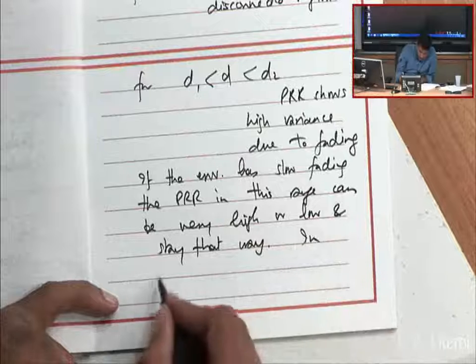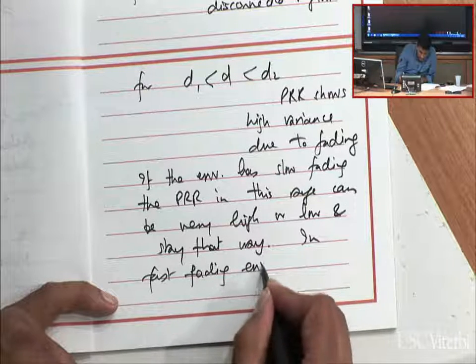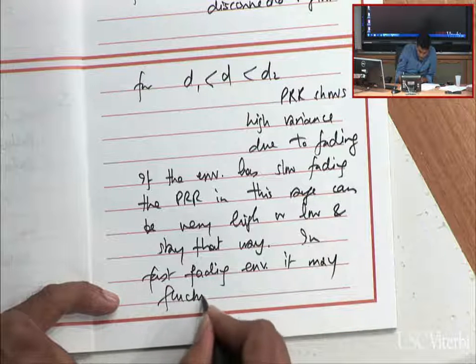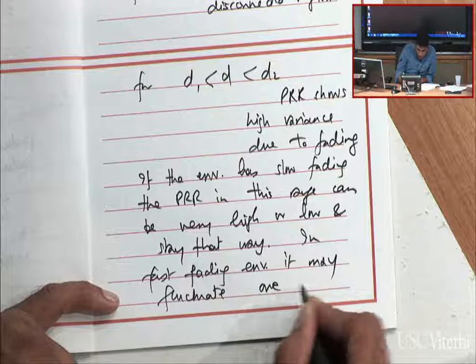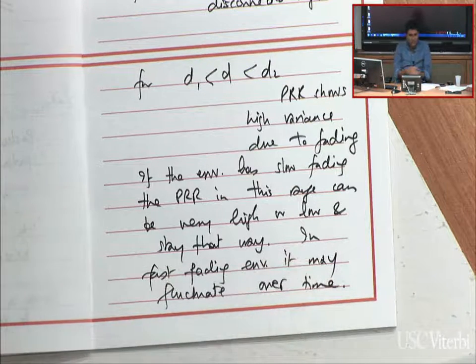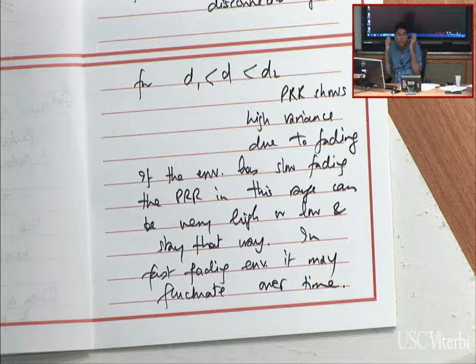In fast fading environments, it may fluctuate over time. And even in intermediate fading environments, it may fluctuate over time. And that fluctuation has a big cost when you try to create a routing protocol on top of this set of nodes.